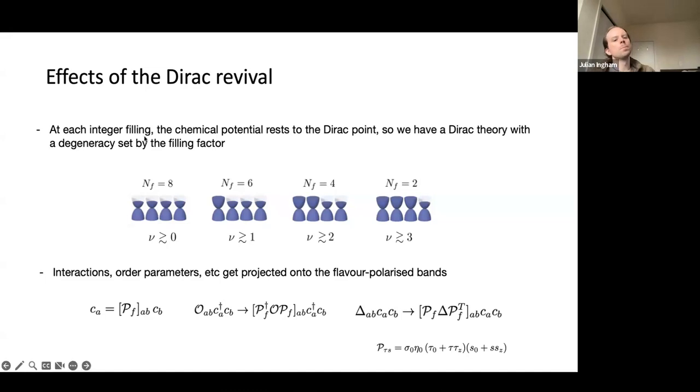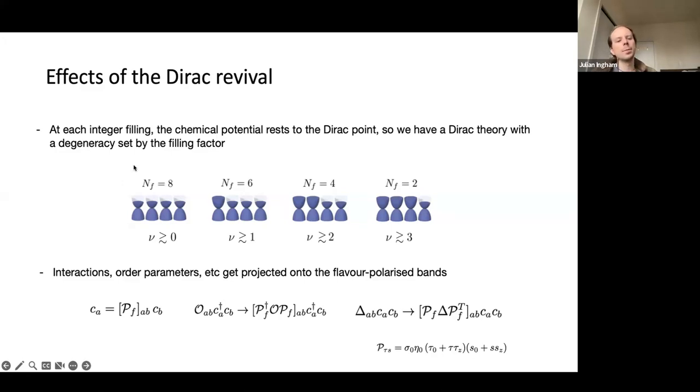And then if we wish to describe nu equals 1, and for densities just above that, we take our Hamiltonian and we project it onto 3 of the flavors, projecting out one of the combinations of spin and valley. And so we take our electron creation operators, and we multiply by a projection operator, which throws away the appropriate spin valley flavors.